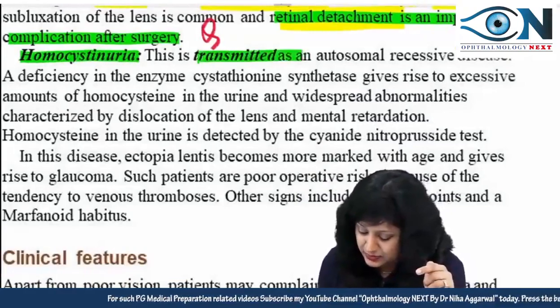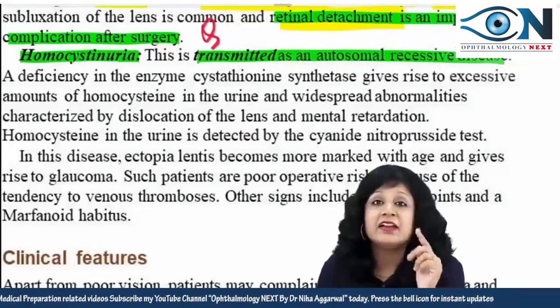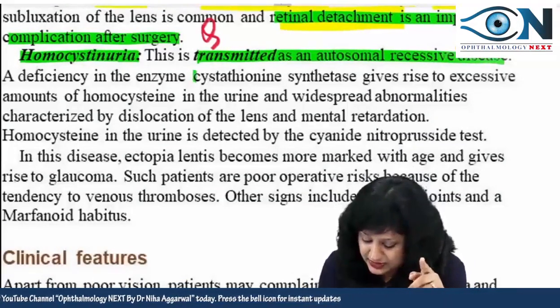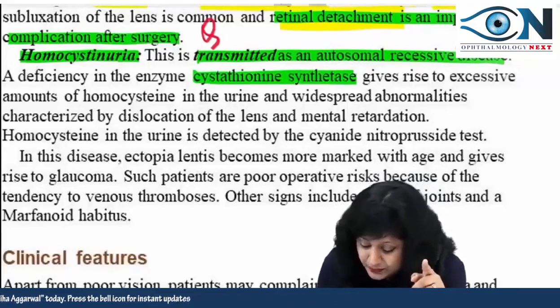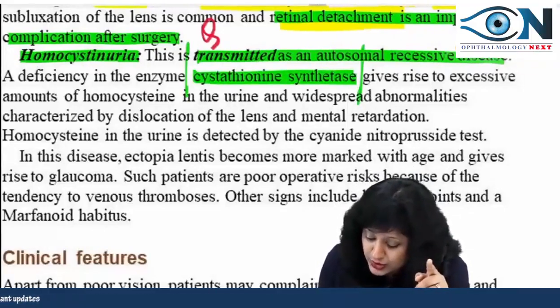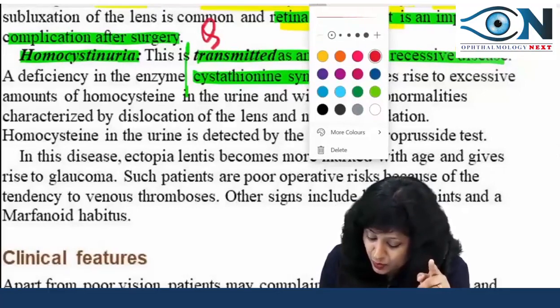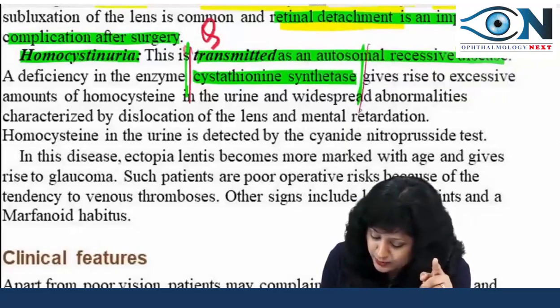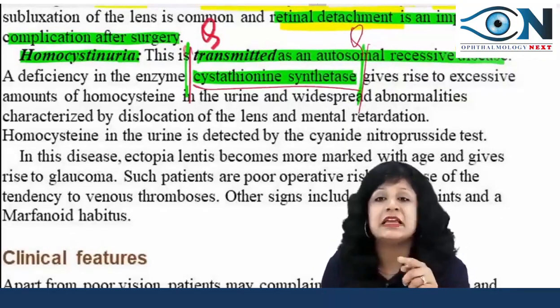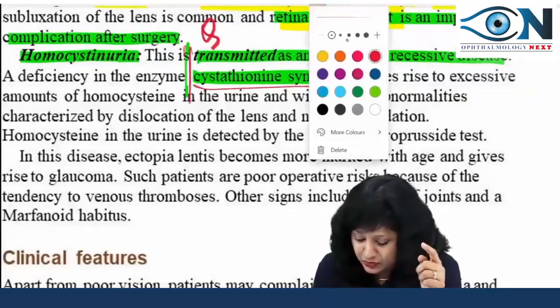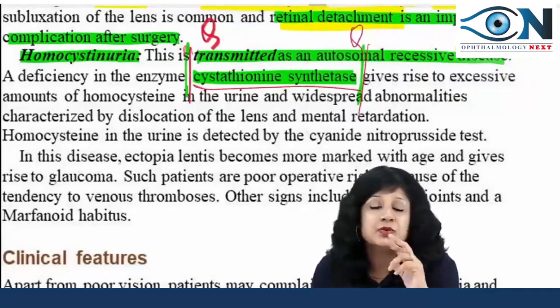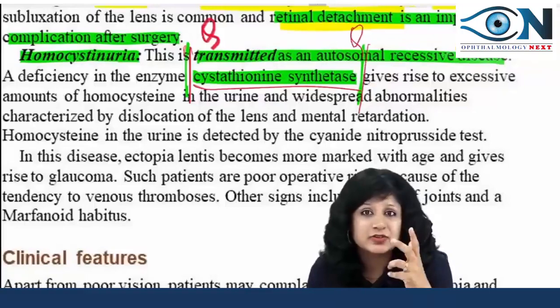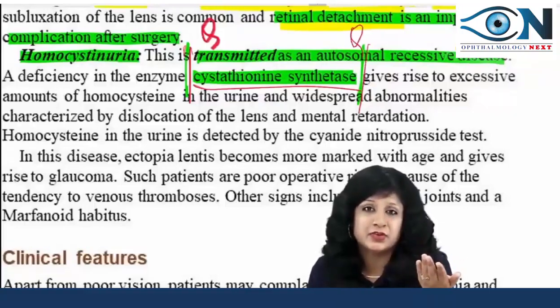Homocystinuria is transmitted autosomal recessive, and what is the enzyme deficient? It is cystathionine synthetase. So this also you should know, and we always write this in our notes also, because you know what happens when you read these things in your biochemistry, at that time you are not able to coordinate and align those things with how they will actually be asked in ophthalmology.